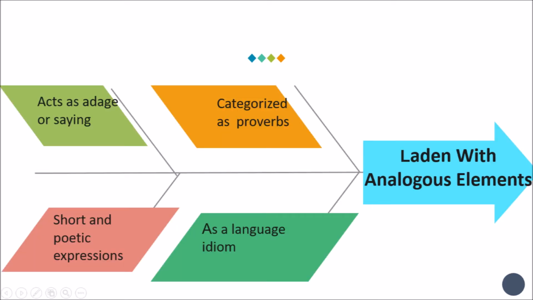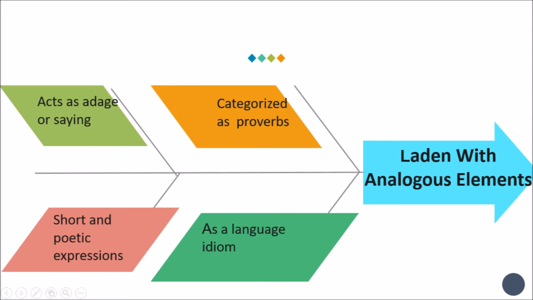Now, the next thing about the circuitous language or the allusion here is that most of the things that are said are laden with analogous elements, meaning we are using comparison, right? Now, why do we use comparison and when do we use it?